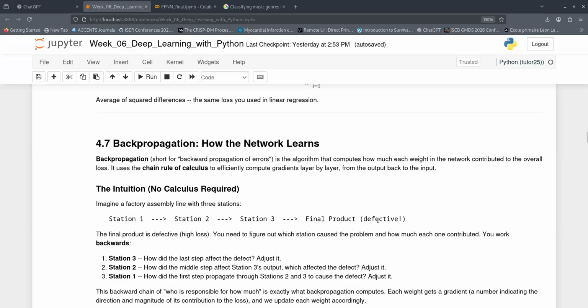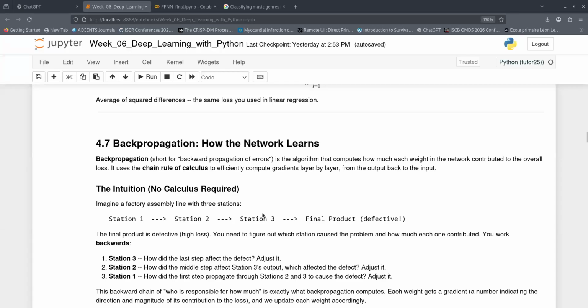But for that, you are just going to go backward. You start with the result that you have obtained and then check in the stations if there is maybe an issue with the weights of station 3, or maybe station 2. So for station 3, how did the last step affect the defect?